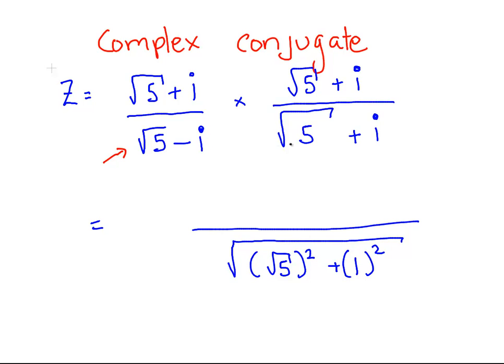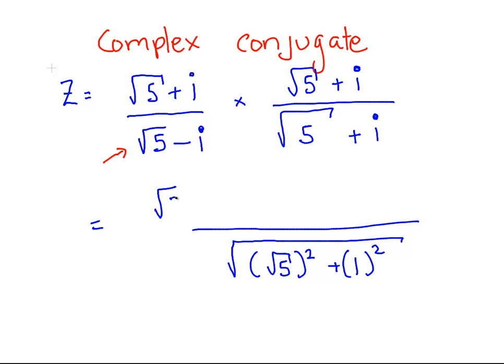Okay, so that does not apply to the top line. We don't have the complex conjugates here, so we have to multiply them out. So I'm going to multiply the term on the right hand side by the square root of 5, then do the same thing by 1.